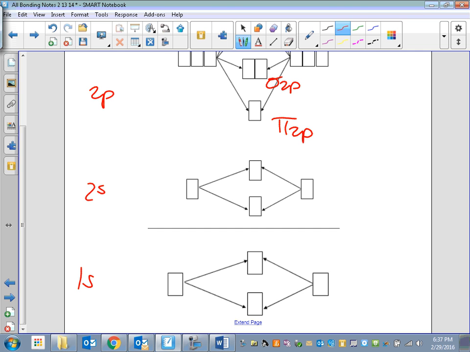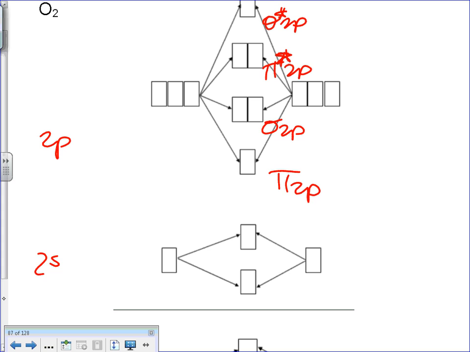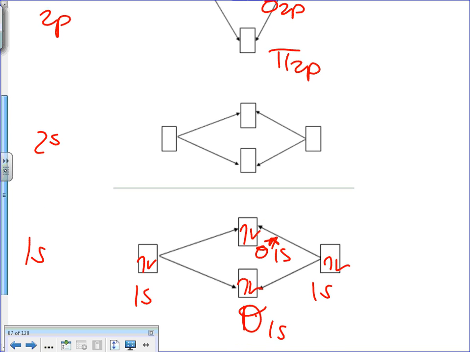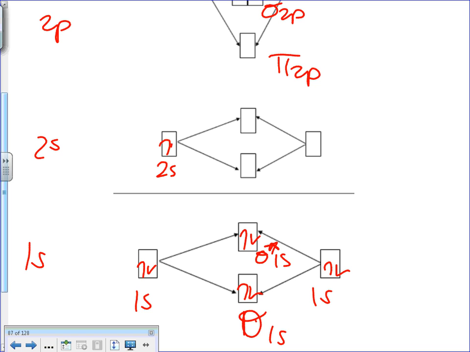Okay, hope that you paused that one for a moment. Starting at the bottom, we're going to go ahead and do 1s for oxygen. So 1s, 2 electrons get filled into the sigma 1s and sigma star 1s. The 2s electrons get filled into the sigma 2s and sigma star 2s. 1, 2, 1, 2.